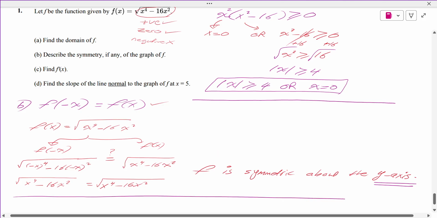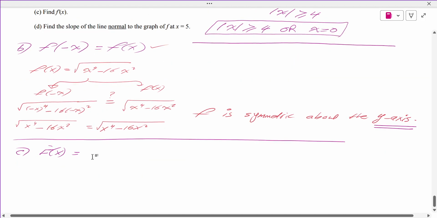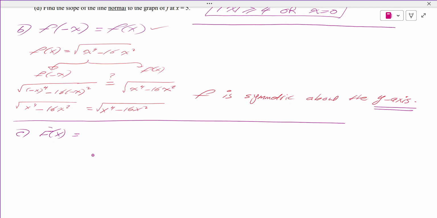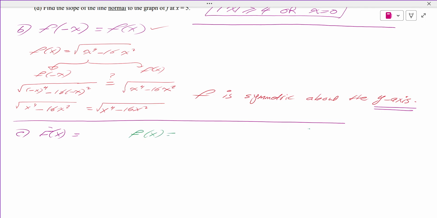What about part C? Part C says find f prime of x. How do we find f prime of x? We have f of x equals the square root of x to the power of 4 minus 16x squared.